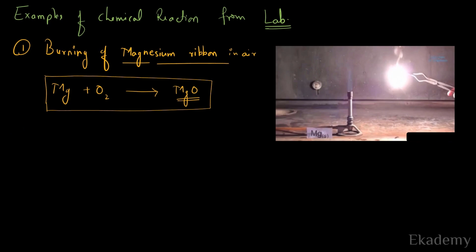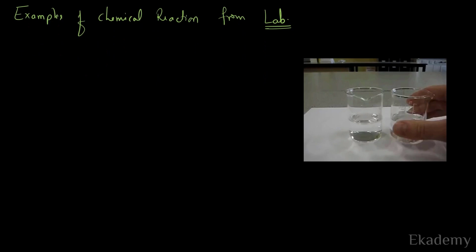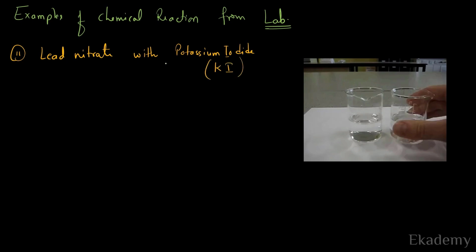The next example of chemical reaction that we can perform in lab is the reaction of lead nitrate with potassium iodide. Potassium iodide is KI, its formula, and lead nitrate is Pb(NO3)2.